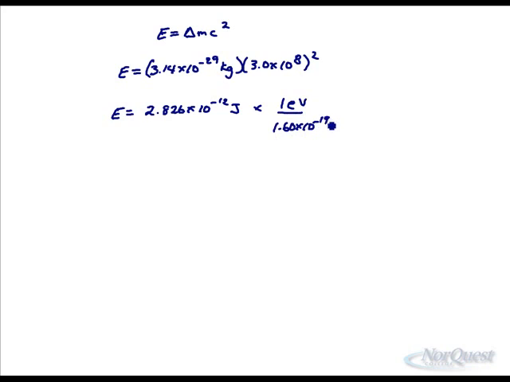So divide by 1.60 times 10 to the negative 19, and we should get electron volts of 1.77 times 10 to the 7 electron volts, or 17.7 mega electron volts.